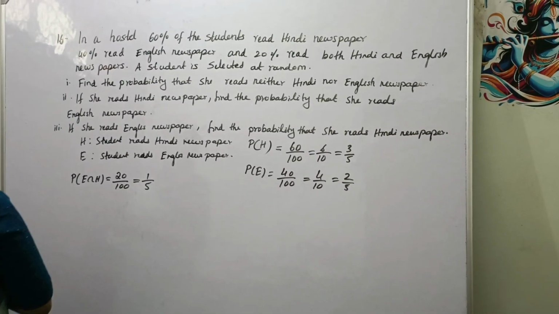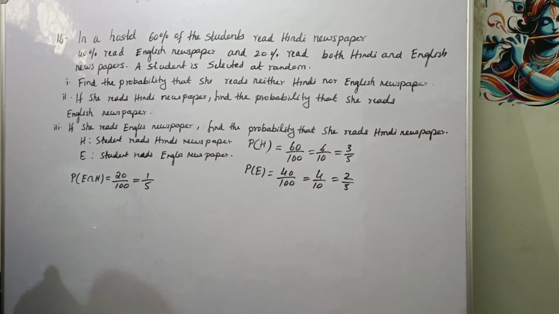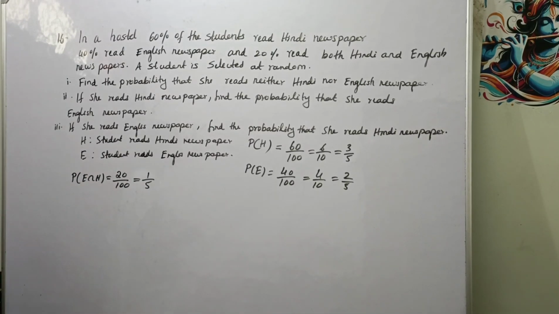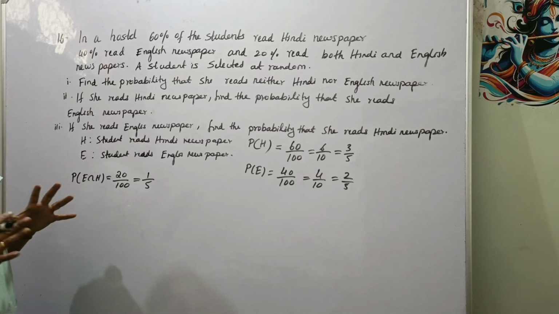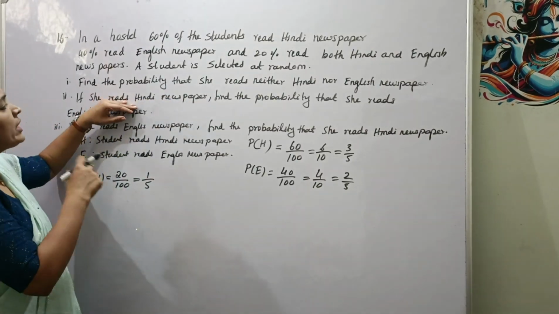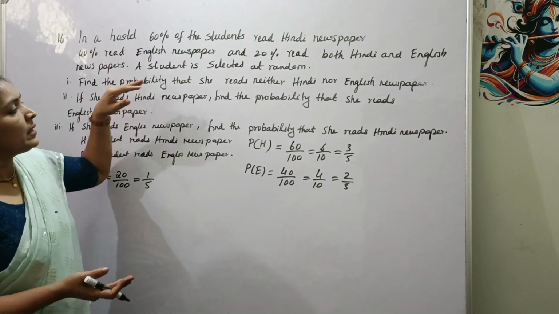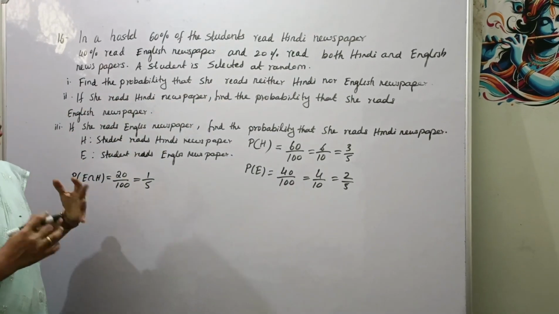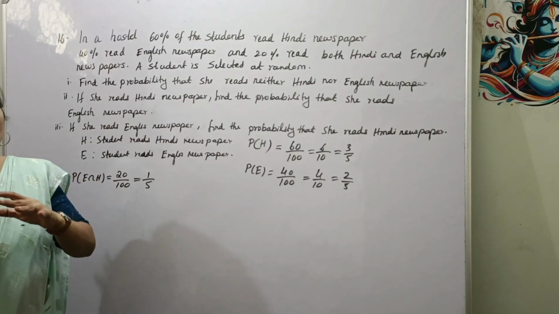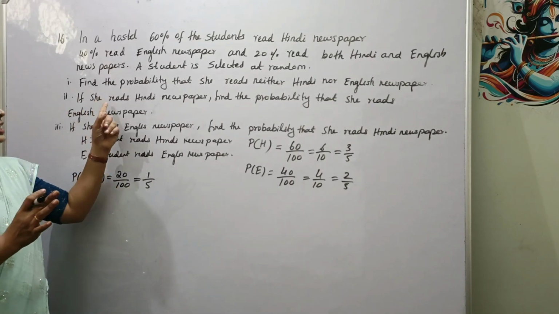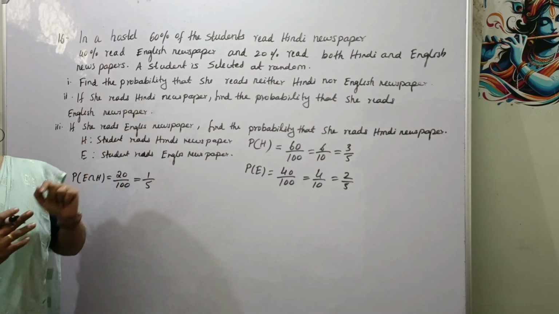See, second one, if she reads Hindi newspaper, find the probability that she reads English newspaper. How to find? See, here given, one event is already occurred. We know that probability that she reads English newspaper is probability of E, right? But here it is given that she reads Hindi newspaper.